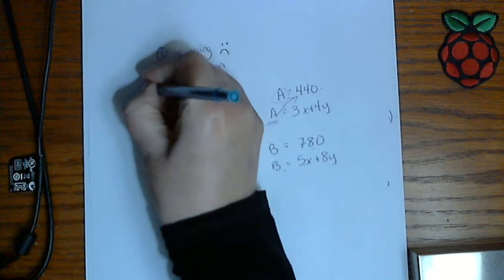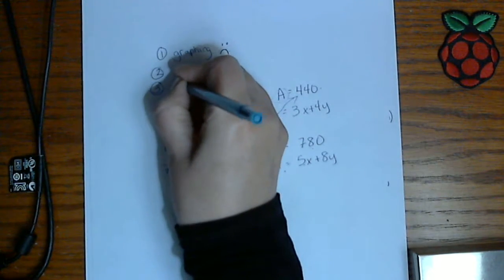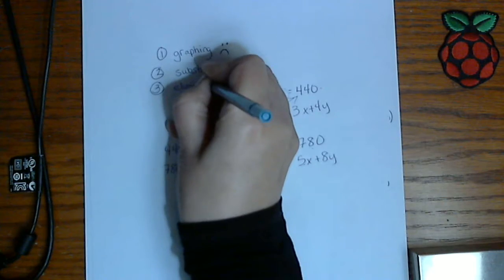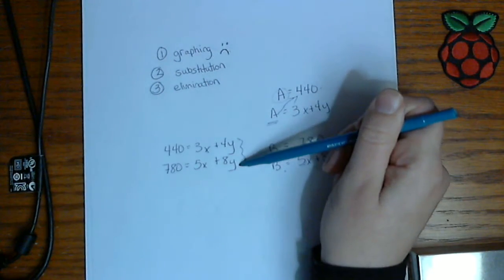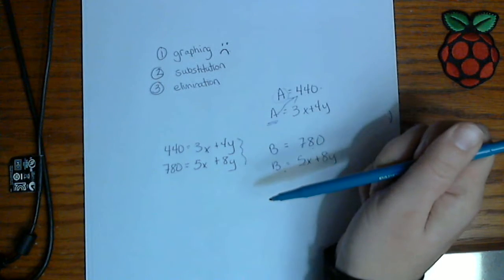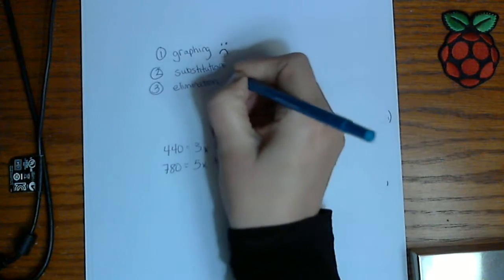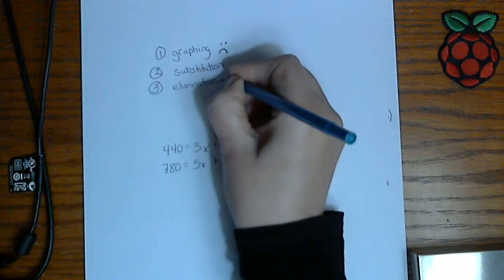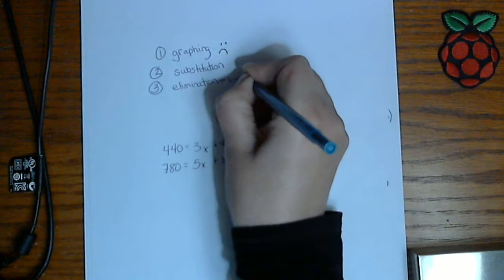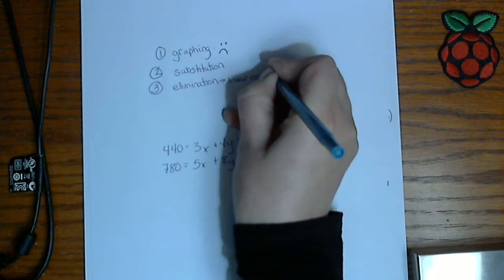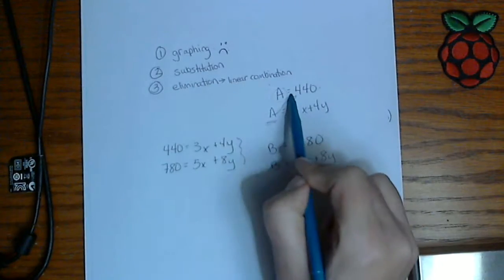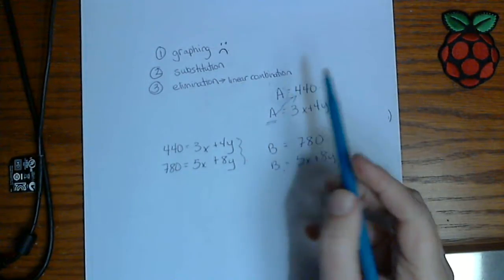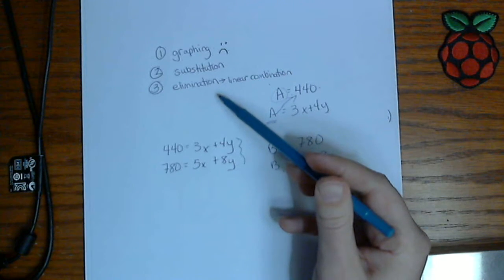The third way is elimination, where you're going to try to multiply one of your equations or both of your equations by an integer so that you can easily eliminate one of your variables. You might know linear elimination by another name, which is linear combination. Linear combination or elimination, those mean the same thing. And in this case, elimination is probably the easiest way to go about this.